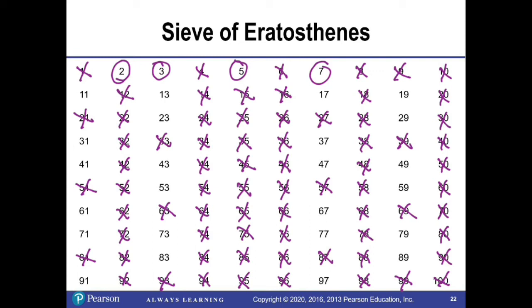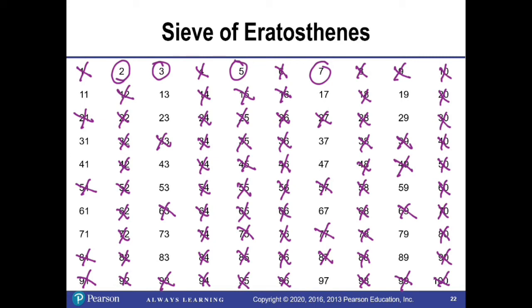Plus 7 is 42, plus 7 is 49, mark it off. Plus 7 is 56, plus 7 is 63, plus 7 is 70, plus 7 is 77, mark it off. Plus 7 is 84, plus 7 is 91, mark it off. Plus 7 is 98. That's all the multiples of 7.